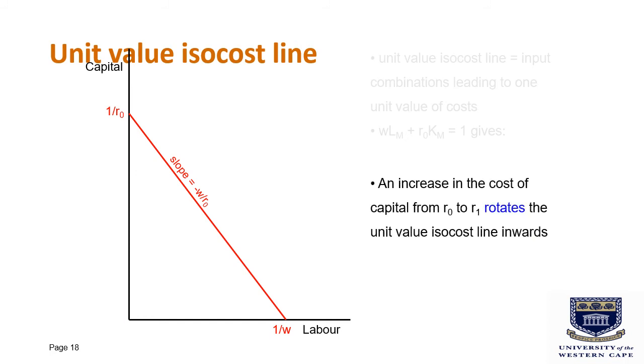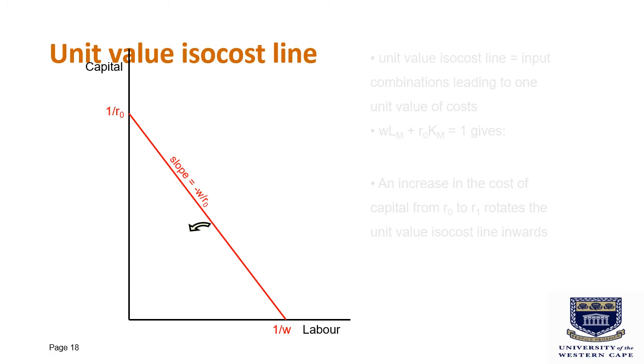So what happens when the cost of capital, or the rental value of capital, goes up from R0 to R1? That shifts the graph to the left. Remember we established the intercept is 1 over R0. Now it's going to be 1 over R1, and R1 is a larger value than R0. So 1 divided by a larger number is smaller than 1 divided by a slightly smaller number. Hence the graph shifts inwards to the left.